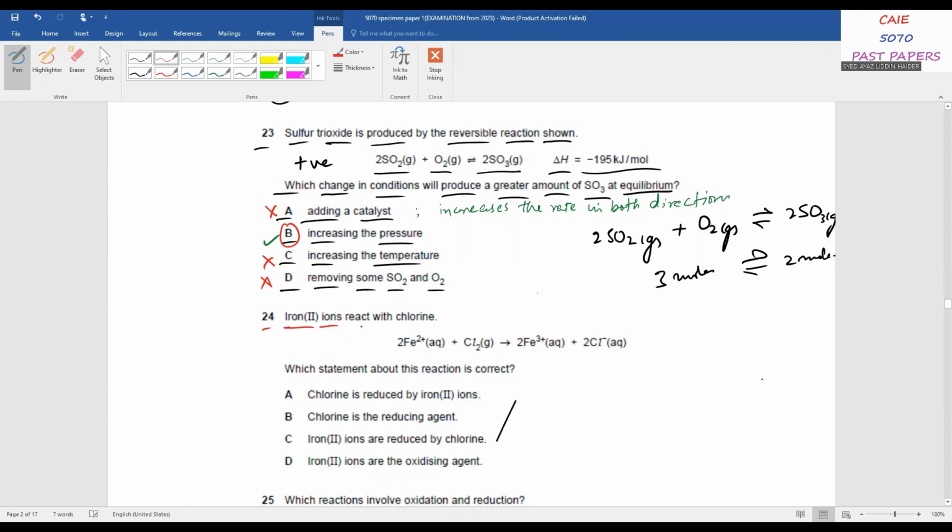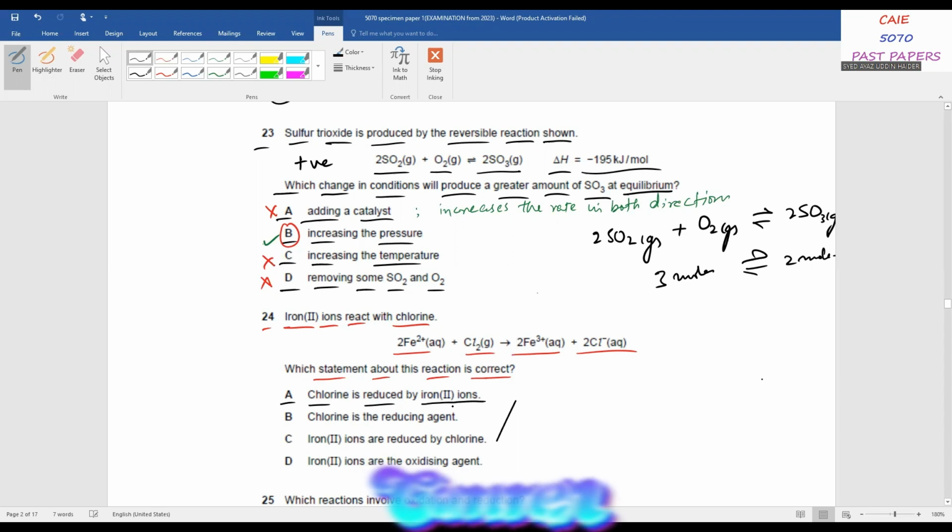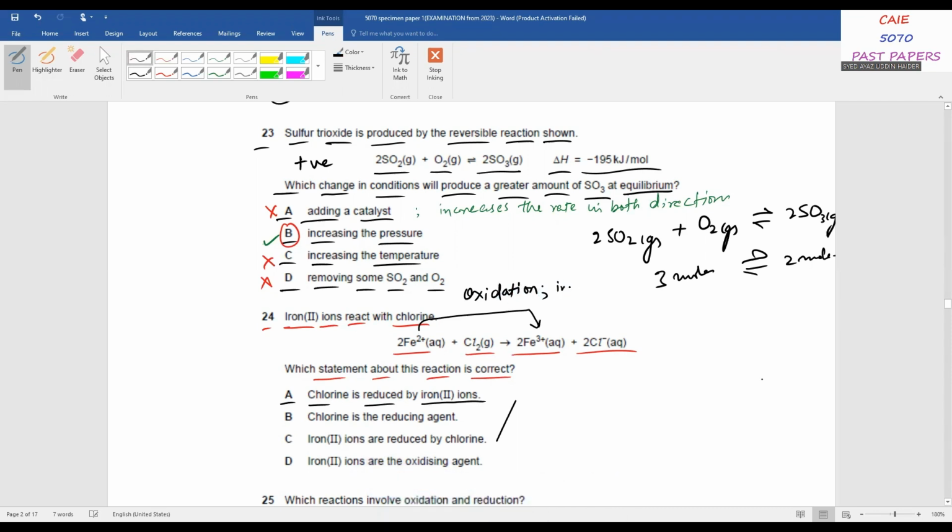24, iron 2 ions react with chlorine: 2Fe2+ plus Cl2 gas gives 2Fe3+ aqueous plus 2Cl- aqueous. Which statement about this reaction is correct? A, chlorine is reduced by iron 2 ions. So we will check by looking at this equation which one is reduced and oxidized. If you look at the oxidation number of Fe2+ to Fe3+, this is oxidation because the oxidation number increases.